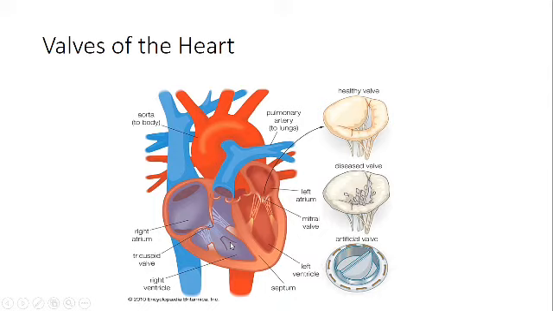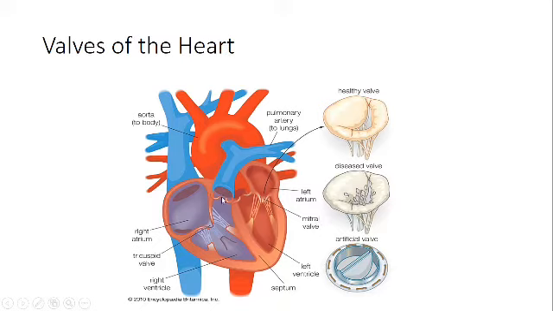Thus, the name is what? A tricuspid valve. So what divides the right atrium from the right ventricle is a tricuspid valve. What divides the left atrium from the left ventricle is a bicuspid valve, otherwise known as the mitral valve.